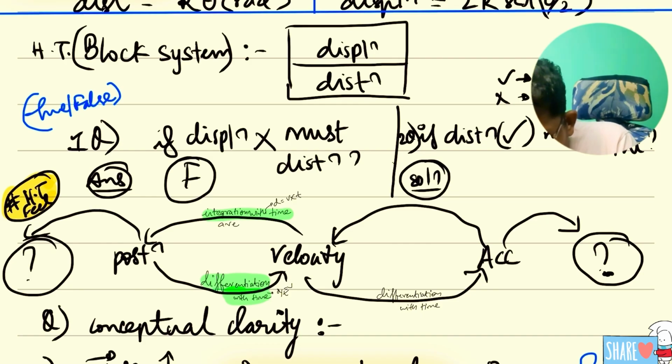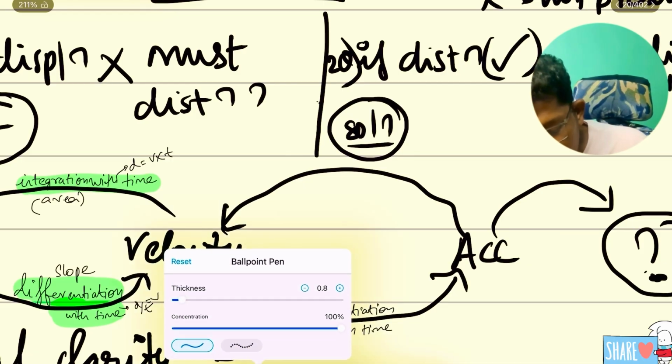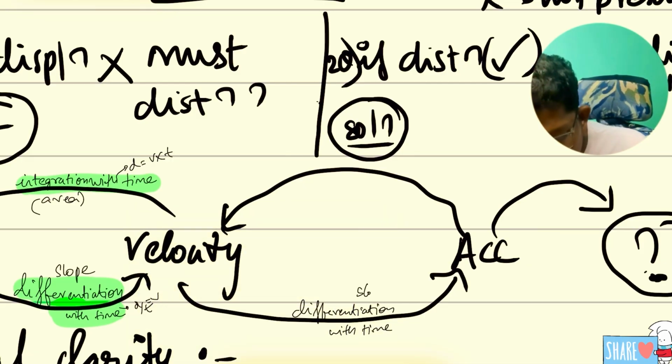Here you will get the area, and here you will get the slope of velocity. Differentiate with time and here also you will get the slope. Should integrate.